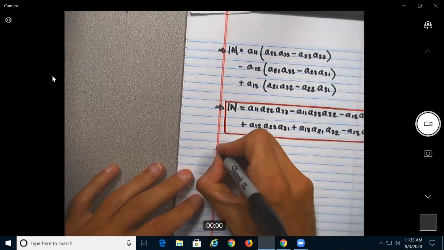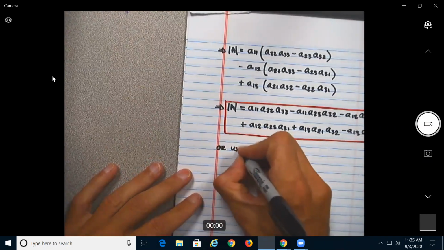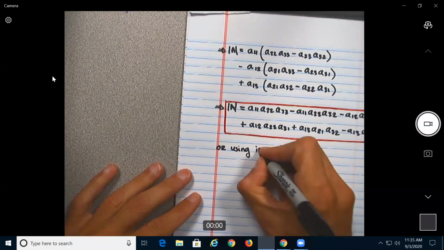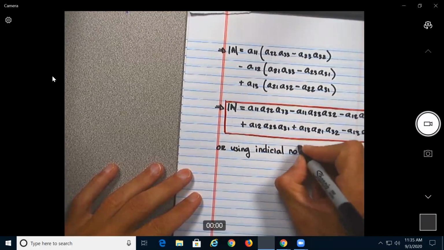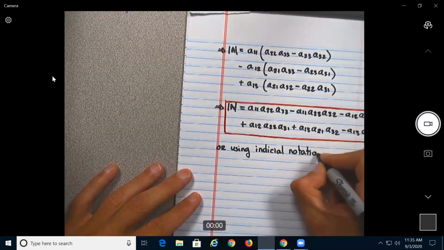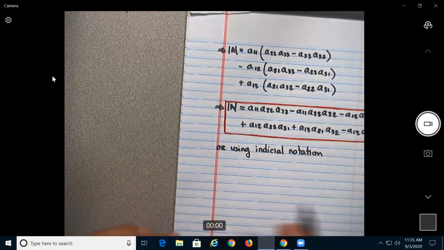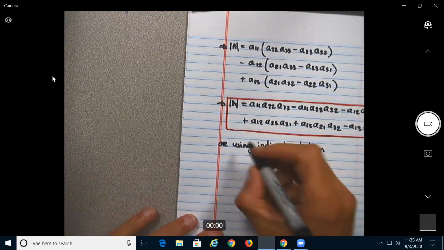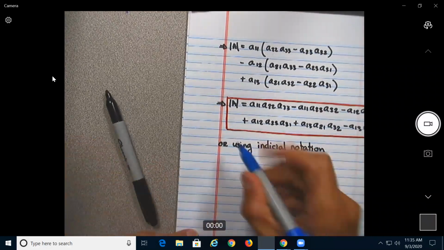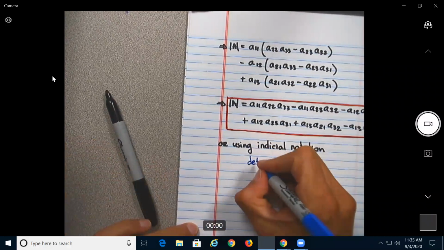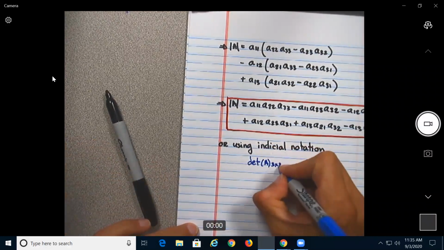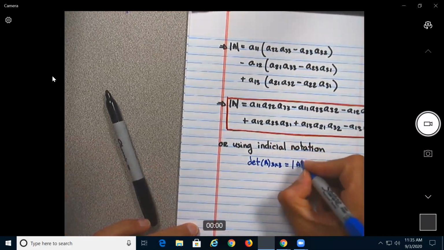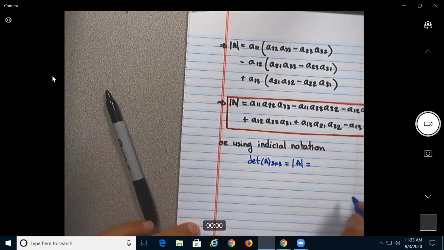Okay, or using indicial notation, the determinant of a 3 times 3 matrix A will be equal to what?